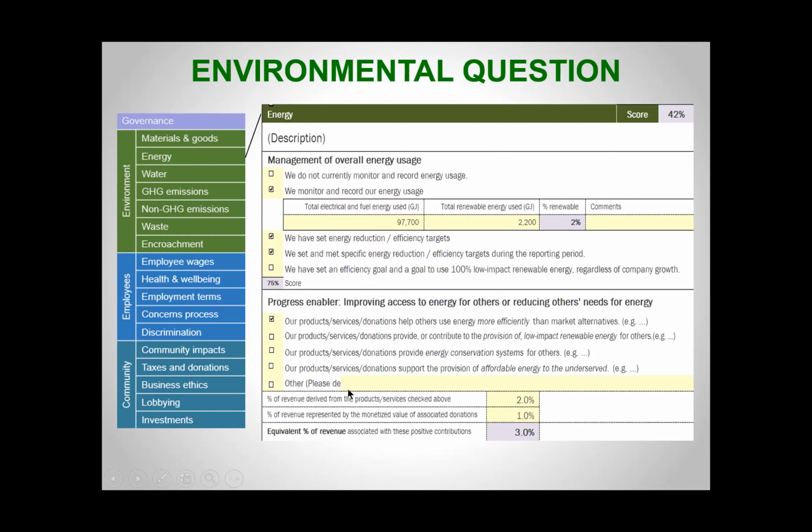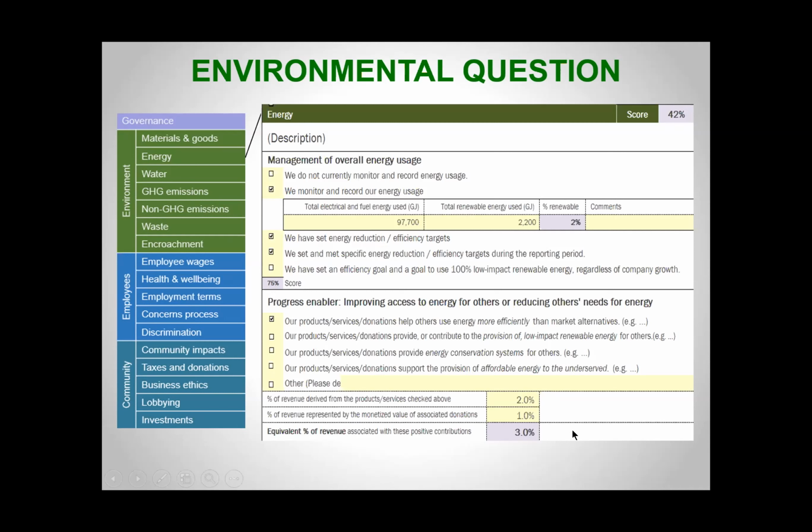And then there's a question that basically says, oh yeah, how much? Like, you got 1 or 2 products, or is this your whole product line? So what % of your revenue is coming from those kinds of products? Or notice that it says our product, services, or donations. So are you supporting NGOs that help organizations do this? So you're given a chance to assess how much you are giving to those in terms of the equivalent revenue that you are generating.